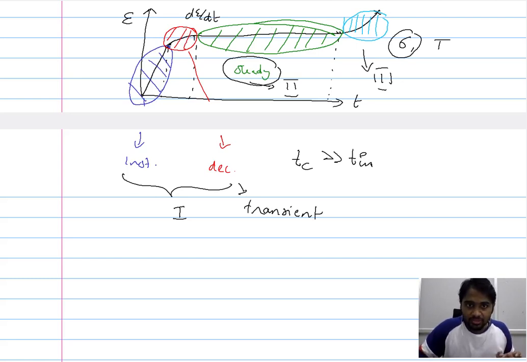Since the strain is largely introduced by the combination of instantaneous and decelerating creep, stage 1 will be your focus.